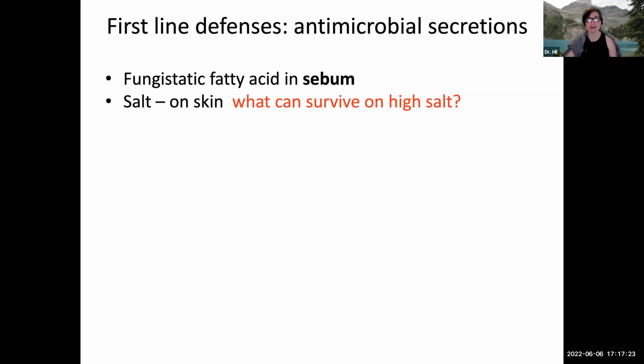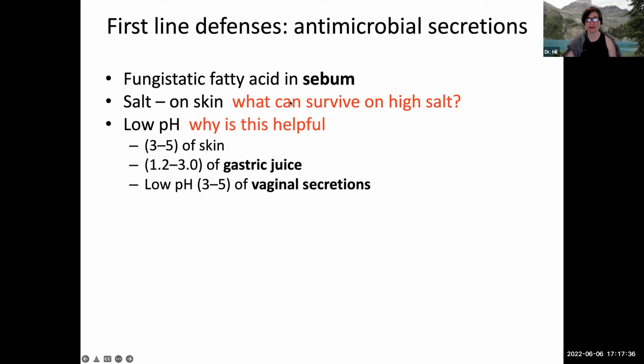What genus is famously halotolerant that's found often on your skin? Yeah, that's right, Staphylococcus. It's not that it's the only species or the only genus containing species that can survive here. There are others, but it's a common resident of human skin.